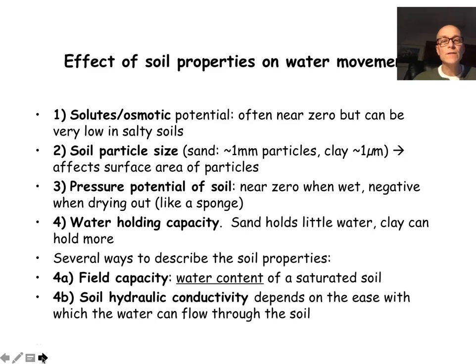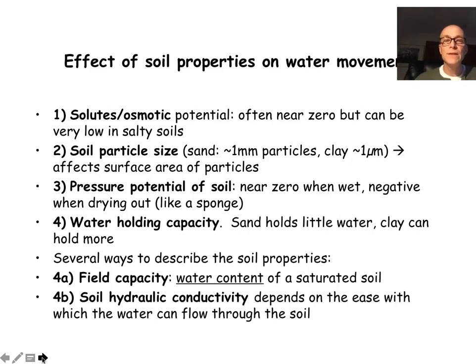There are several ways to describe soil properties, and one of them is the field capacity, and that is the water content of a saturated soil. So think about a certain amount of soil that is dry, and the amount of water that you need until it is completely saturated and starts to drain out of the soil.